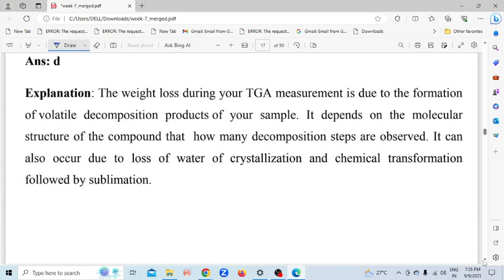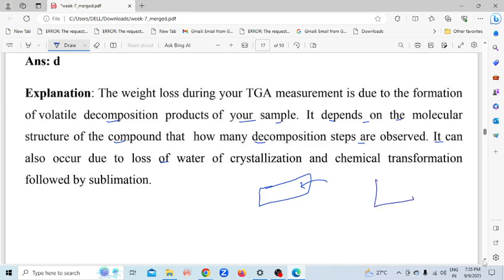The weight loss in TGA measurement is due to formation of volatile compounds produced in your sample. It depends on the molecular structure of the compound, how much it can decompose. To understand TG, suppose you have one weighed tissue paper which contains moisture.